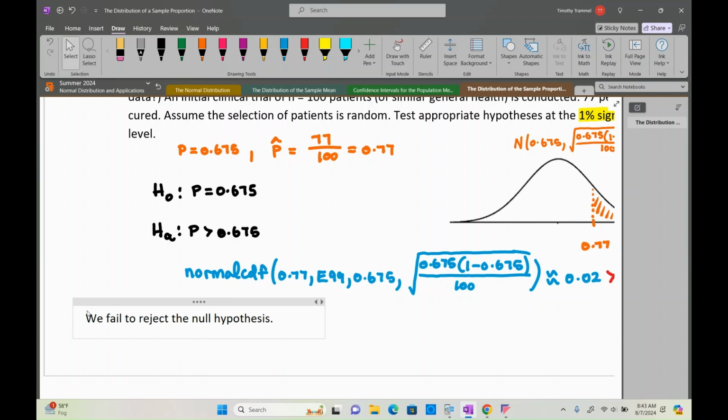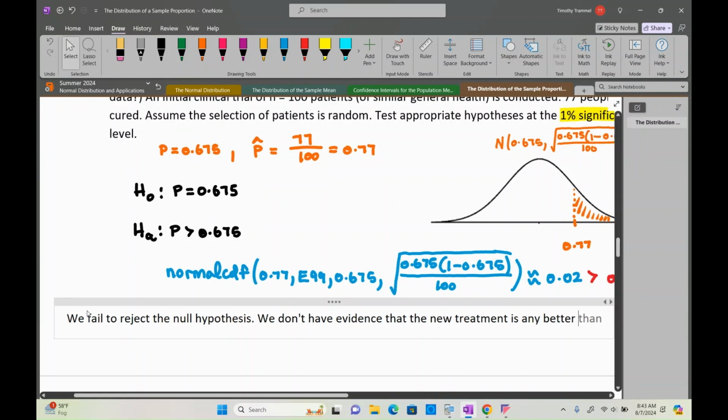All right. And so what this also tells us, if we fail to reject the null, is that we don't have evidence for the alternative. So we don't have evidence that the new treatment is any better than the old treatment.